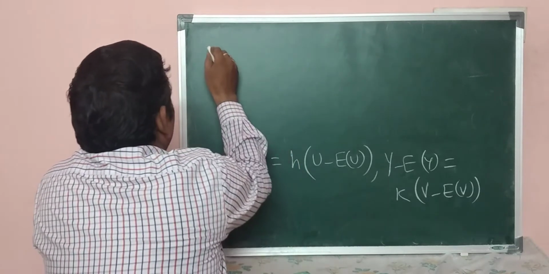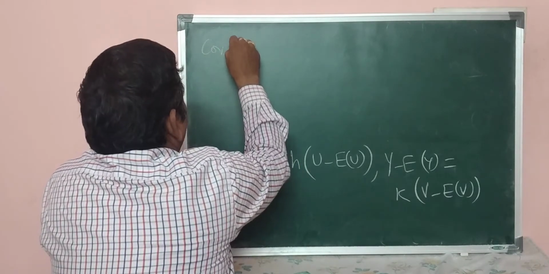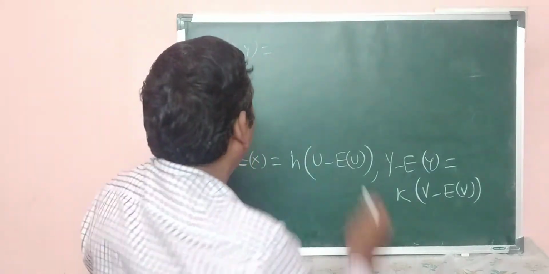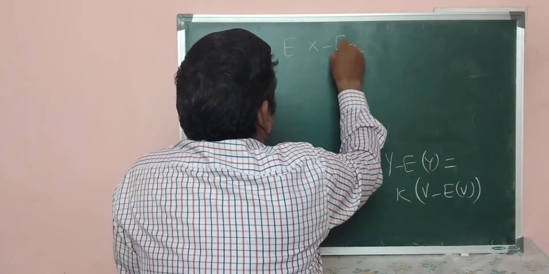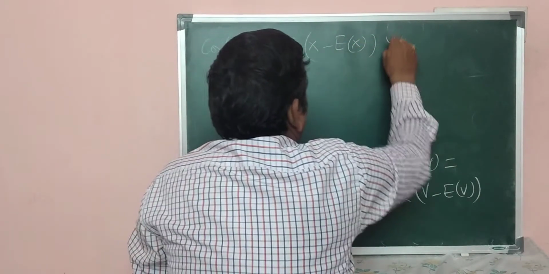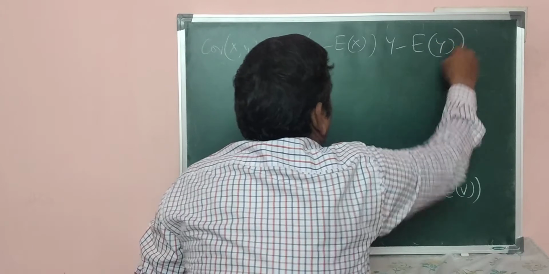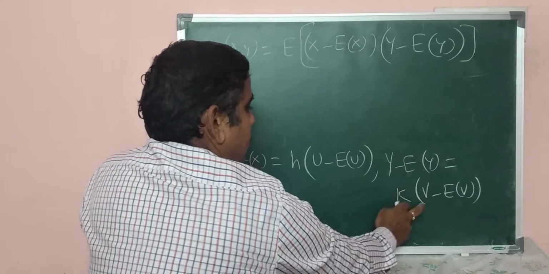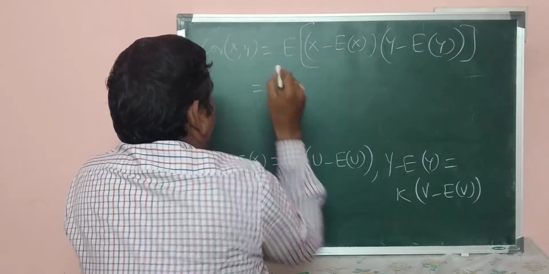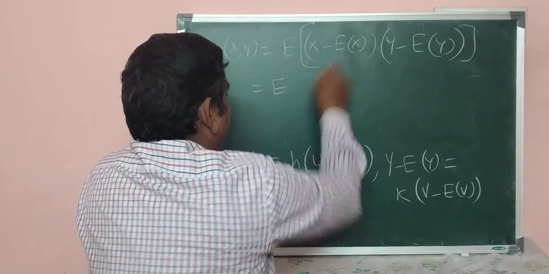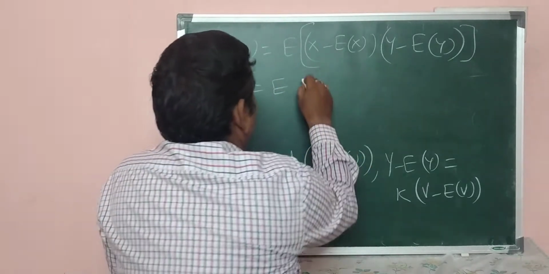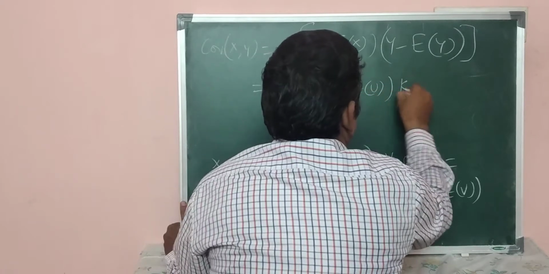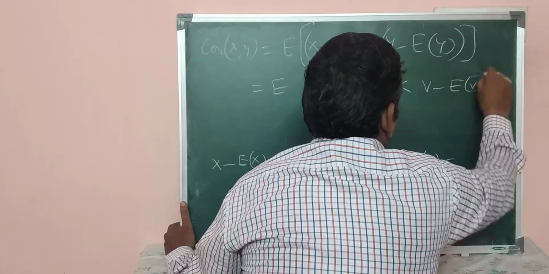So I calculate covariance of x comma y is equal to, what is covariance of x comma y? Expectation of x minus expectation of x into y minus expectation of y. That is the reason why I have calculated these two values, x minus expectation of x, y minus expectation of y, which is nothing but, now I substitute these two values, h into u minus expectation of u and k into v minus expectation of v.